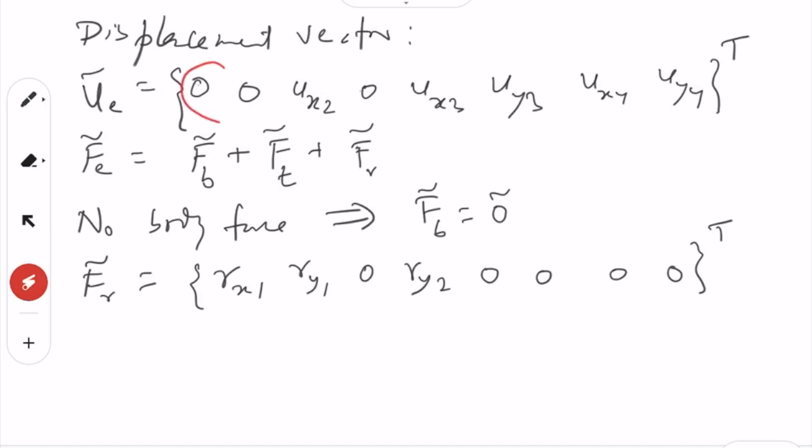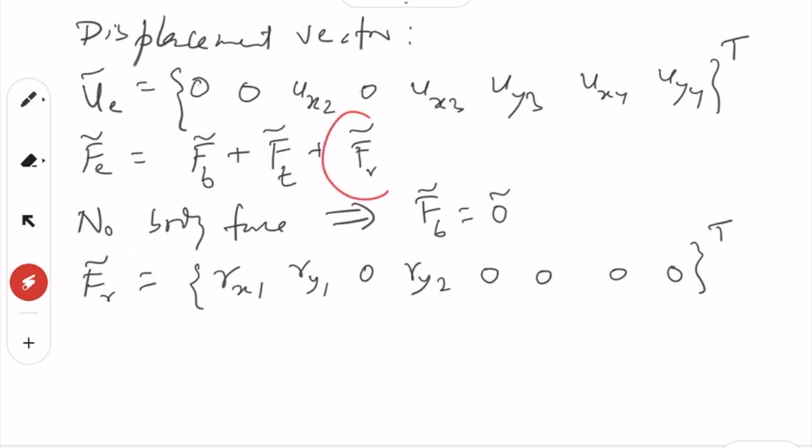So wherever there is a 0 in the displacement vector, there will be a reaction force there. So we are writing those reaction forces here. Okay, so done. Now we got this reaction force.